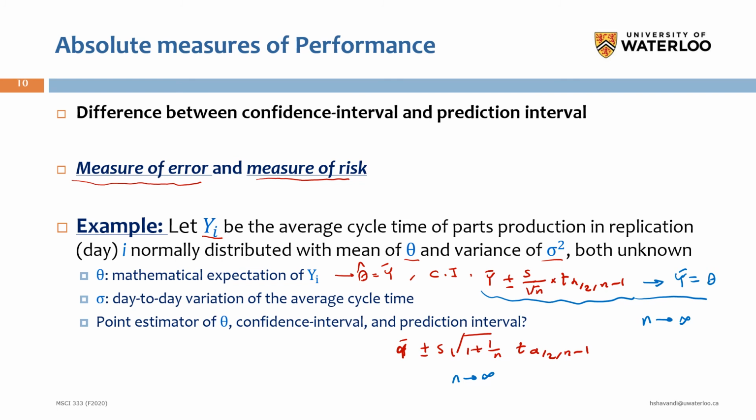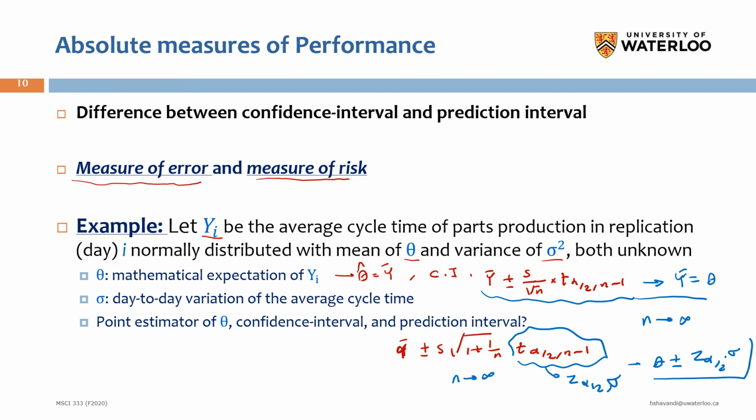With n approaching infinity, the t distribution approaches the standard normal distribution, z half alpha, and z half alpha times sigma. So as you see here, it will be at the end theta plus minus z half alpha times sigma.